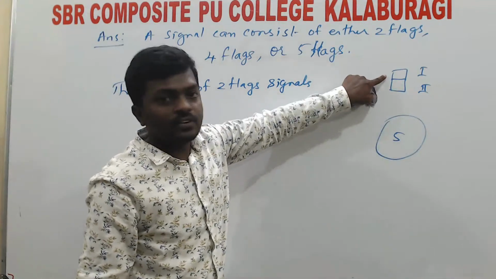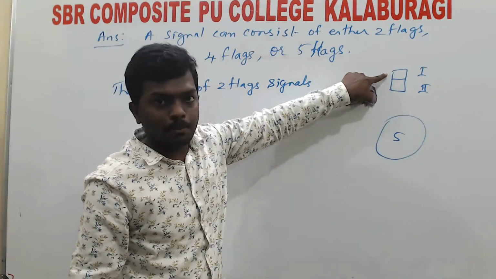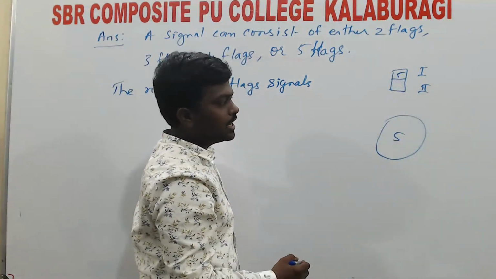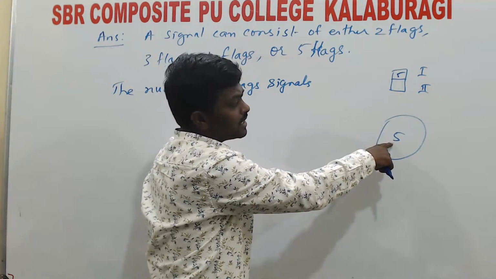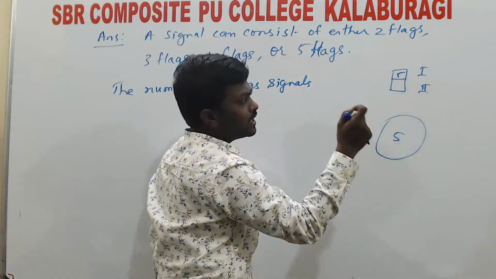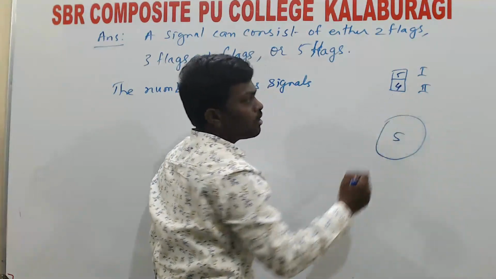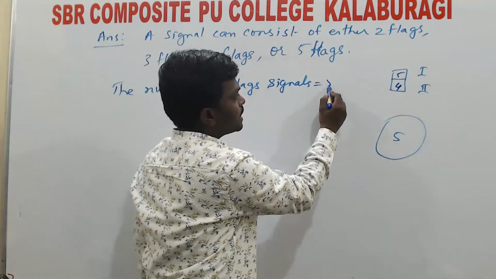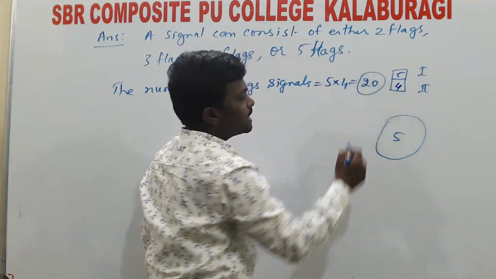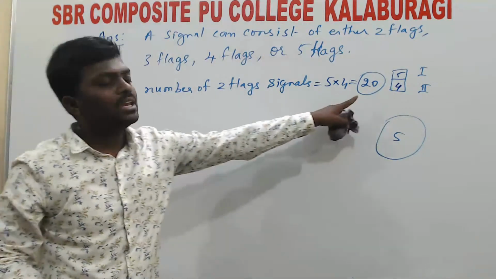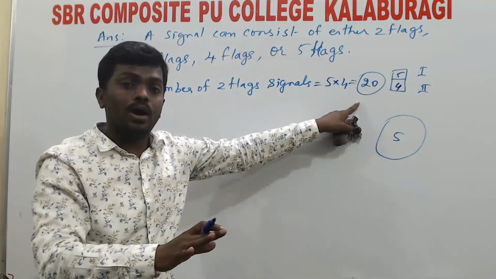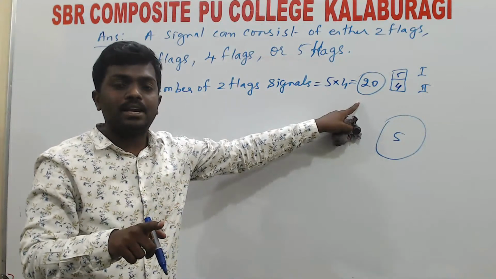So to fill the first position, how many flags we have? 5 flags. After filling any of the 5 flags, we are left with how many options now? 4 options. So it's nothing but 5 into 4 ways. So two signals can be formed in 20 ways.